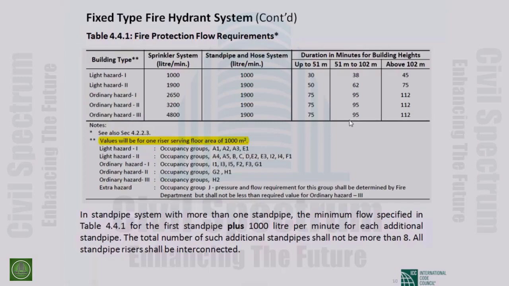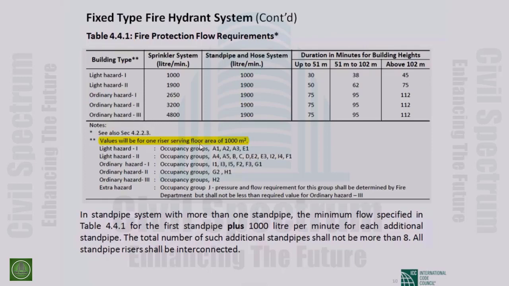So depending on your occupancy, you can select your occupancy hazard classification. Based on the classification, you will choose what amount of water you have to reserve or what flow you have to make for the extinguishing system.